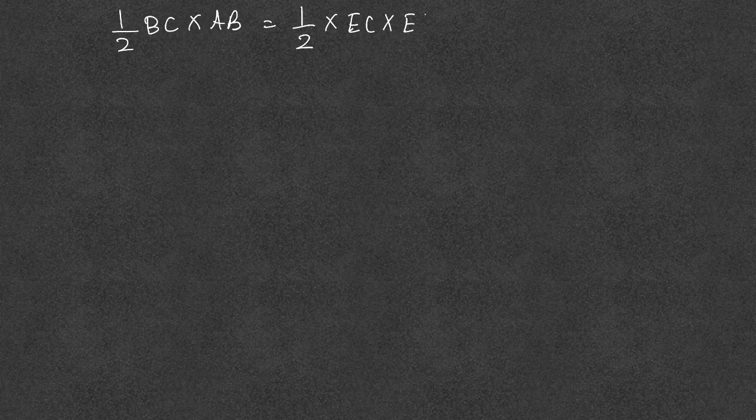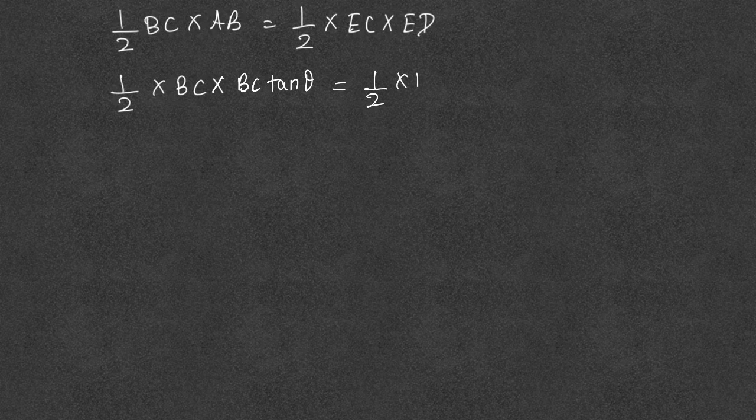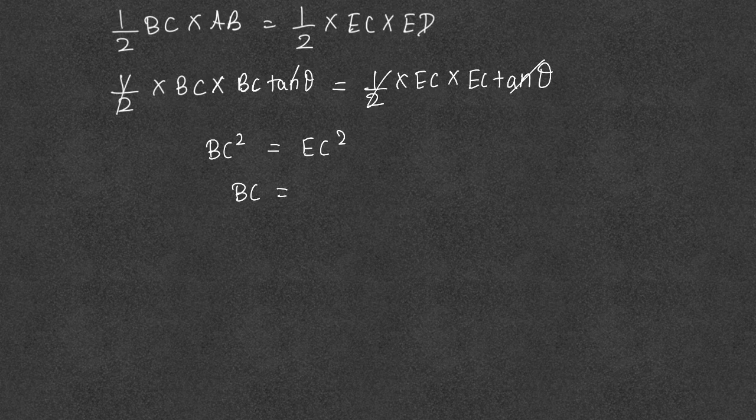So the equation we had was 1 upon 2 BC into AB equal to 1 upon 2 into EC into ED. Now we can substitute: 1 upon 2 into BC into BC tan theta is equal to 1 upon 2 into EC into EC tan theta. So tan theta and half get cancelled, and we get BC square is equal to EC square, which is BC is equal to EC.